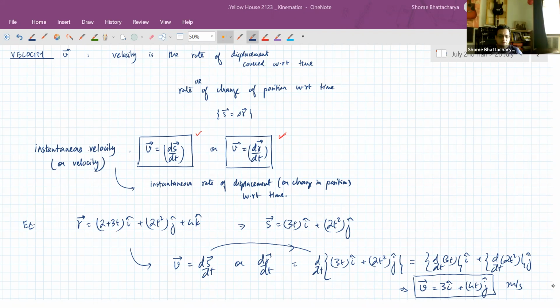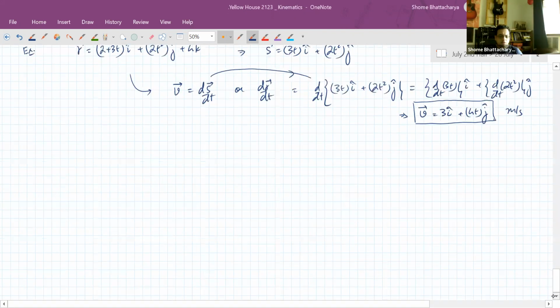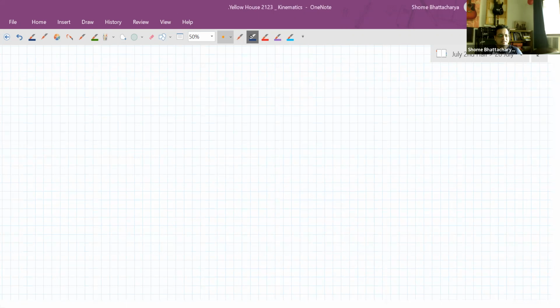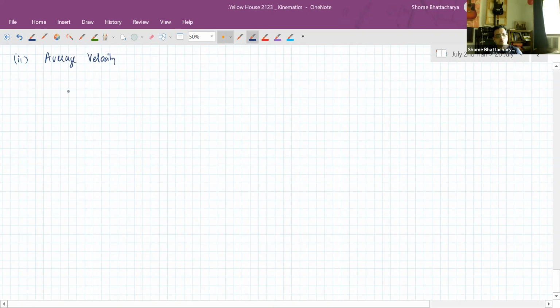Okay, so I hope the definition of instantaneous velocity is clear with this example also. Now, the second type of velocity, as we were discussing, is the average velocity. Average velocity is always defined for a time interval. It is given that specific symbol, v average.